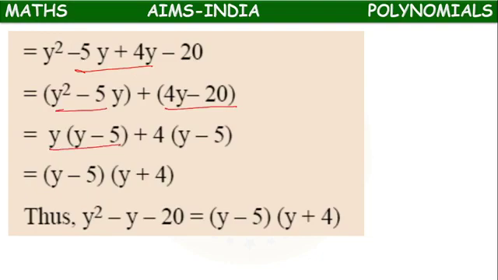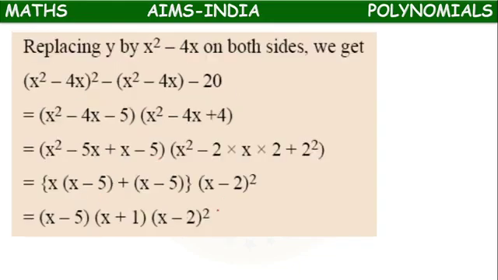From the first, y is taken as common, from the next, 4 is taken as common, and y minus 5 is taken as common. We got 2 factors. Now in the place of y, we have to substitute the value x square minus 4x. This is the LHS. In the RHS, y minus 5 and y plus 4, in the place of y we have to keep this.